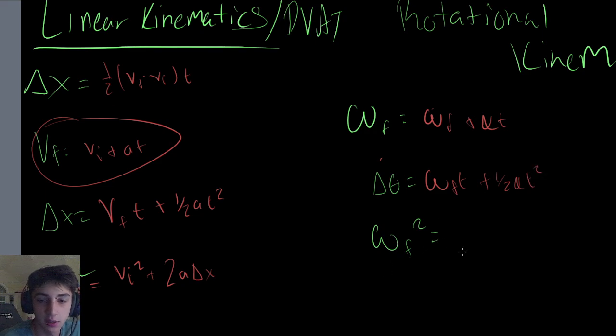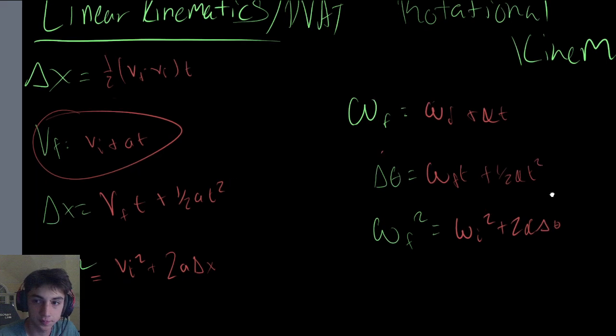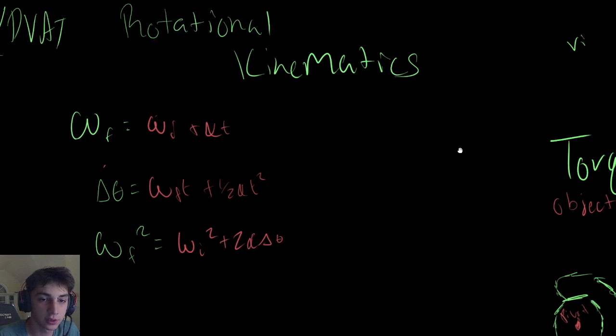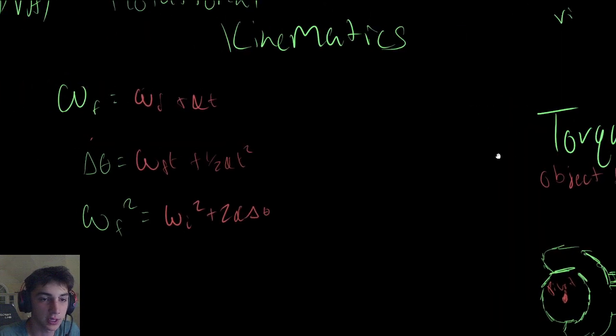Then the same goes for our final angular velocity squared, with the displacement. So we can just substitute our new variables in to get our rotational kinematics.